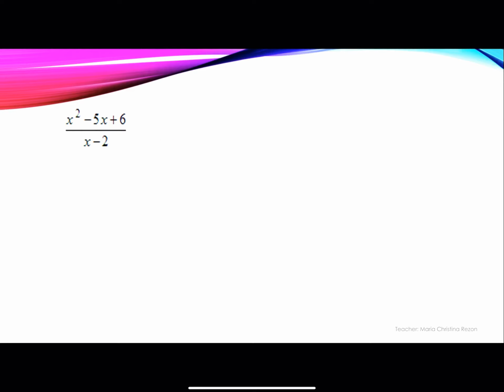Another example. You have x squared minus 5x plus 6 all over x minus 2. Our denominator, we cannot factor it, but our numerator is a trinomial, so we can factor it. Let's factor.